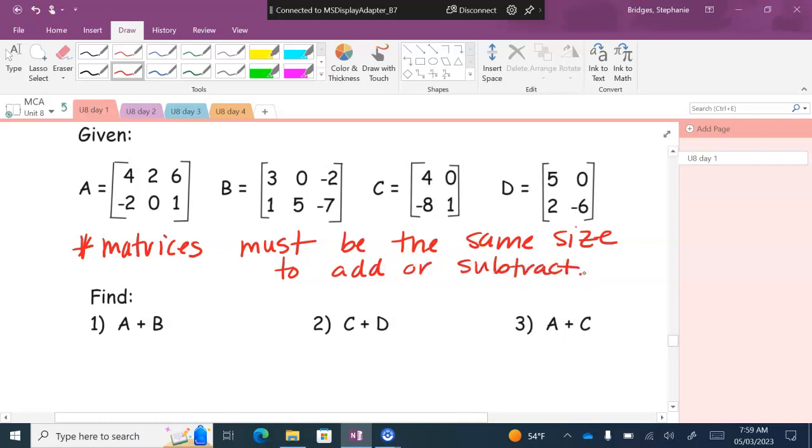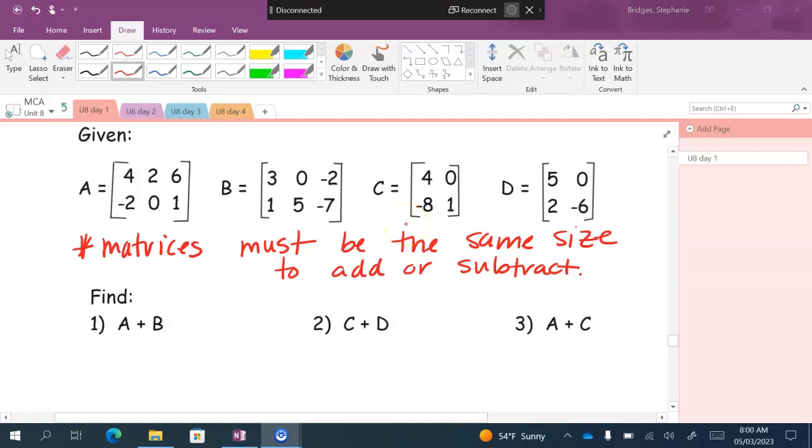Okay, that means they have to have the same number of rows and the same number of columns. But matrices must be the same size in order to add and subtract. That's a little note that you need to make.